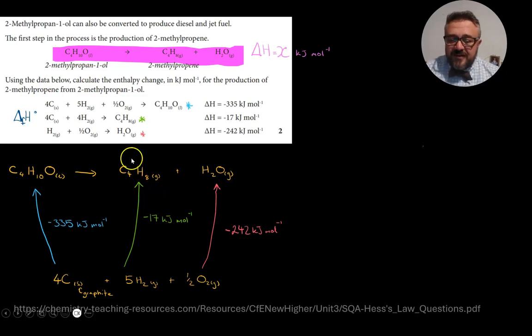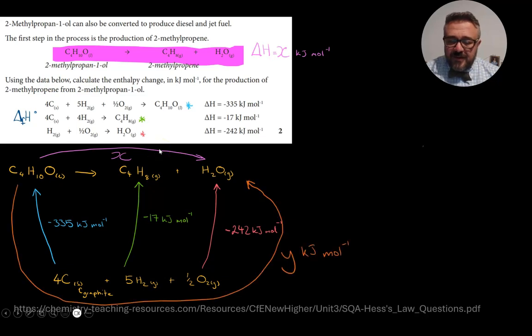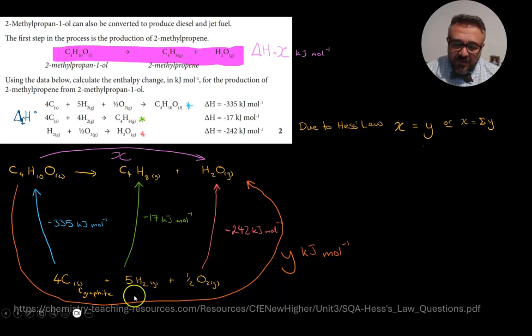What we do is this enthalpy is the same as all of these summed up. But look at the direction of that arrow. These two go in the direction of that arrow. This one goes against the direction of that arrow. So we're going to have to reverse that, and we'll see that in a second. Due to Hess's law, X equals the sum of the Y's.